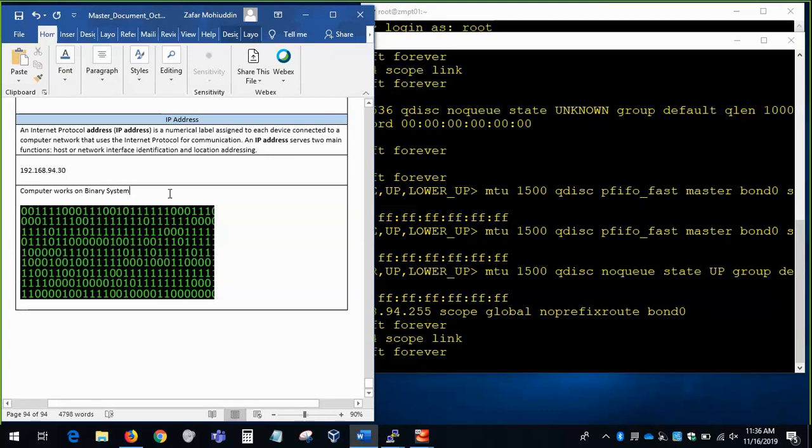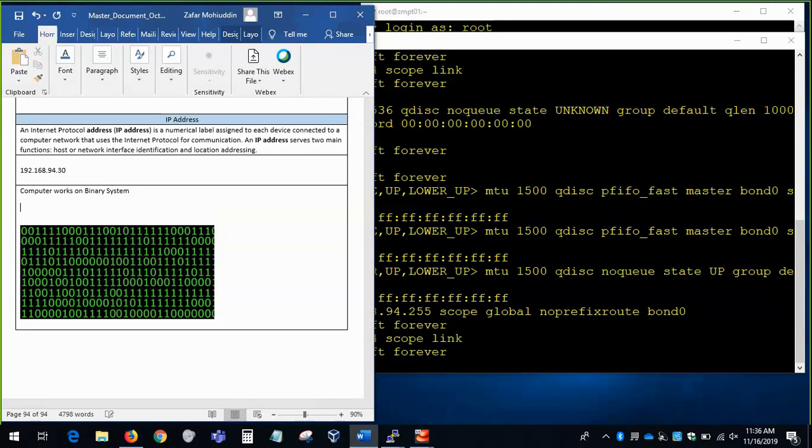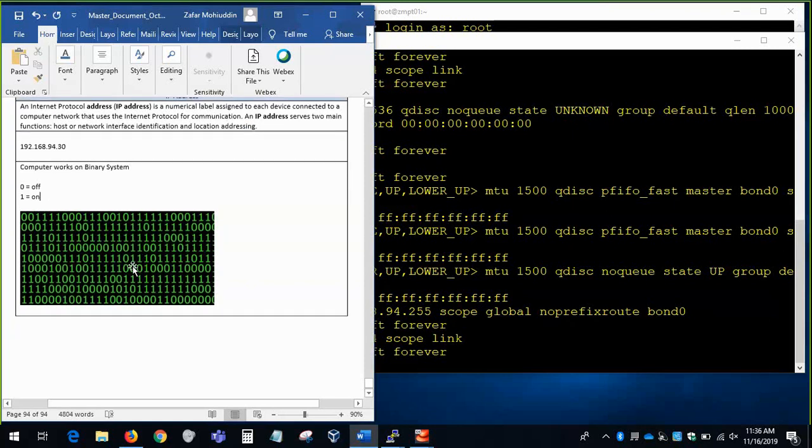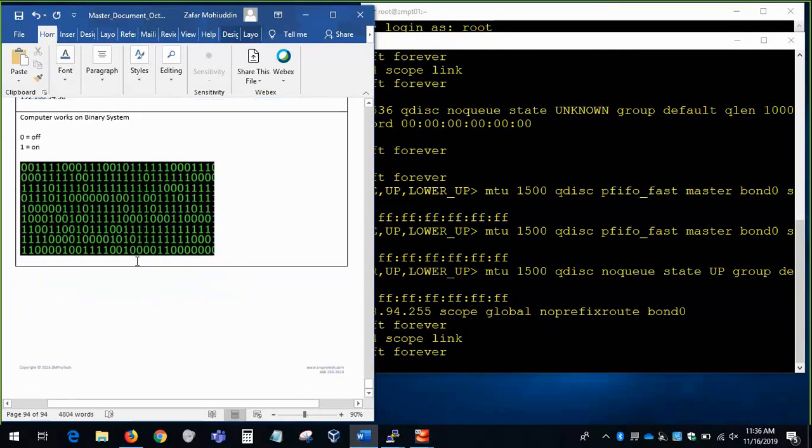So 0 is off, and 1 is on. It's using a set of on and off instructions to communicate with other computers. This is how the information is written.